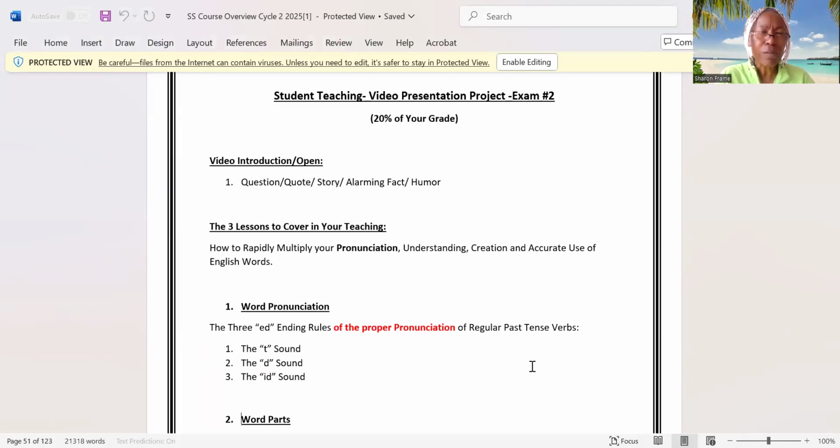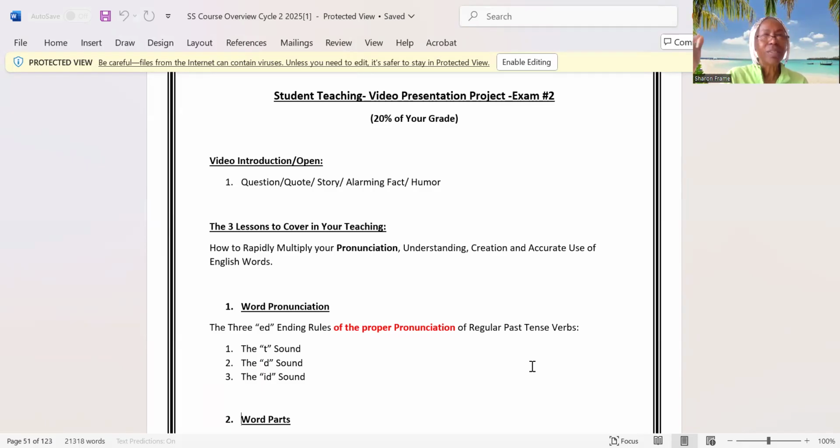Or have you ever pronounced the word walked as walked it? All regular present tense verbs in English end in ED, but they're not pronounced the same way. So today we're going to talk about the 3 ways to know how to pronounce regular English verbs. Okay. And just have fun with it.